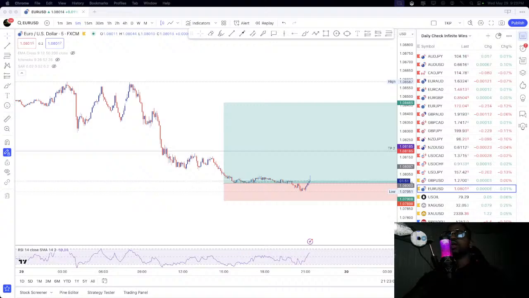All right, so we got the economic calendar up. It looks like the volatility will be with euro pairs during the London session, and USD during New York.